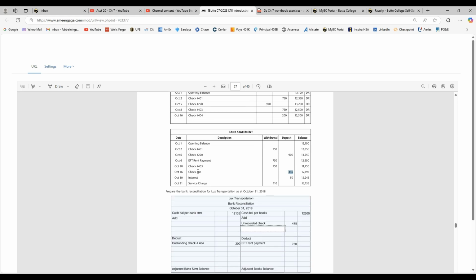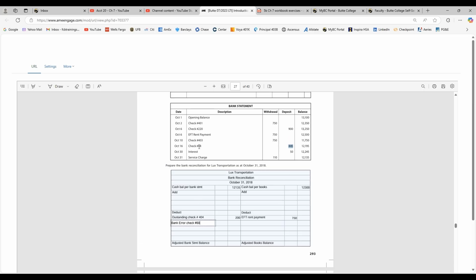One weird thing too is look at the check numbers. So I think this one is an error, let's put it in as a bank error, and that would be a deduction because the bank added it to our balance, but it looks like it's a bank error check number 88, because it only has two digits. That doesn't look like our checks, right? Ours are 401, 220.